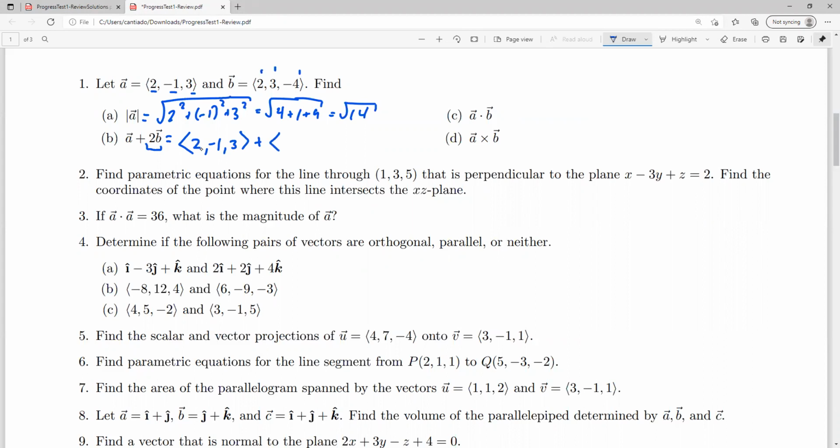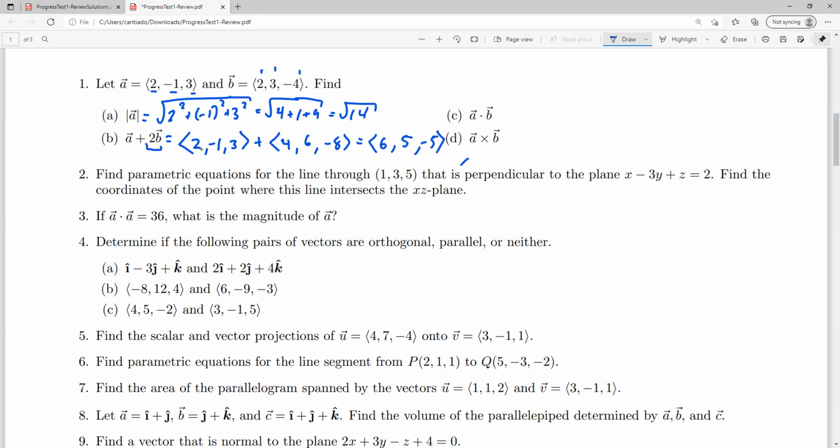So 2 times 2 is 4, 2 times 3 is 6, and 2 times negative 4 is negative 8. Now we have two vectors, and we just add their components. So 2 plus 4 is 6, negative 1 plus 6 is 5, and 3 plus negative 8 is negative 5. And that is our answer there.